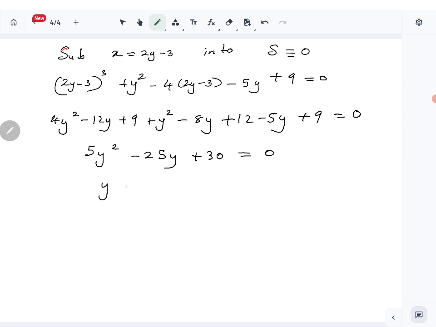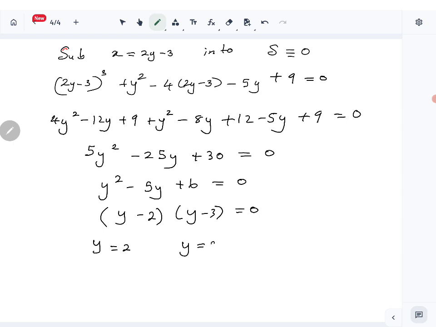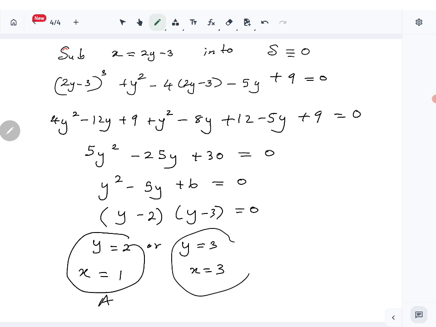So y squared minus 5y plus 6 equals 0, or (y minus 2)(y minus 3) in factored form. So y equals 2 or y equals 3. So then x equals what? x equals 1 or x equals 3. Right, this point was already given. No, this was A, so this is B. So B is (3, 3).